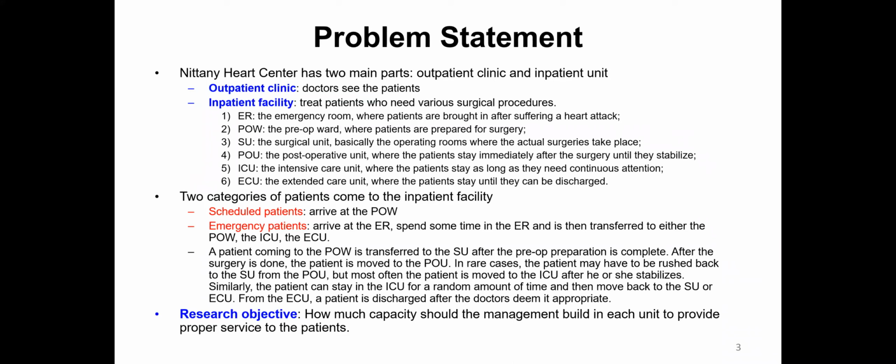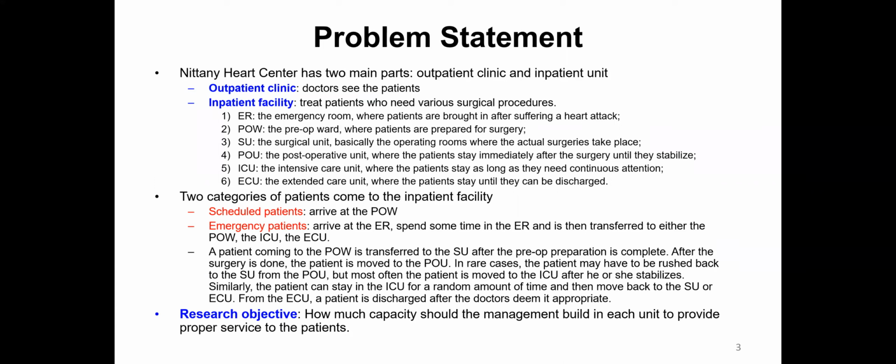They are not brought in by emergency. The second category is emergency patients. As the name says, they are emergency patients. They arrive at the ER, brought in as an emergency, and then spend some time in the ER. They are then transferred to either the pre-op ward, ICU, or extended care unit.